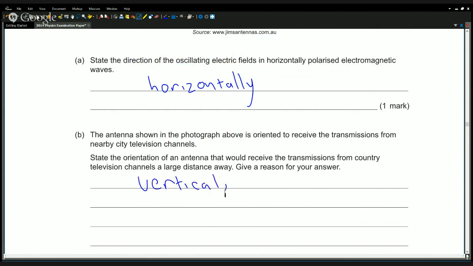And the reason for that is because at 90-degree polarization, the signals do not interfere.